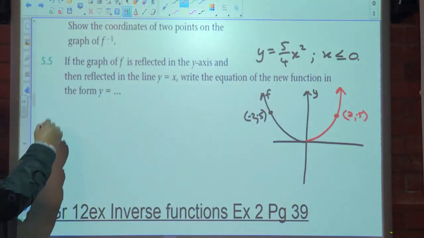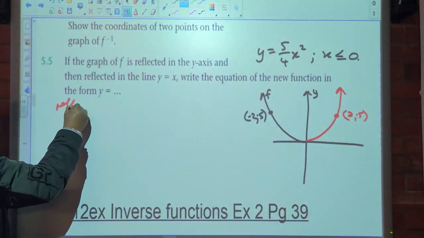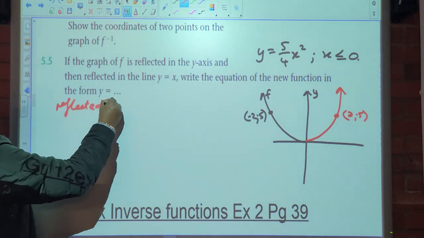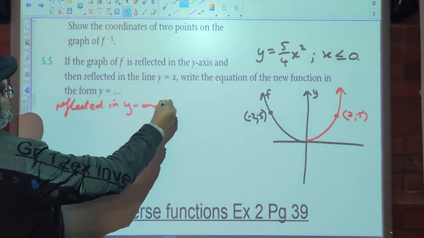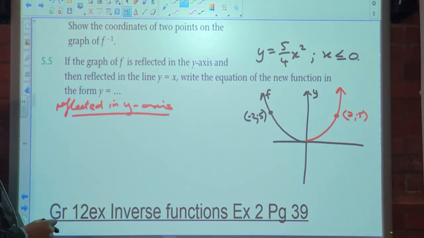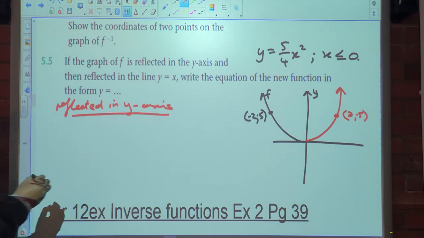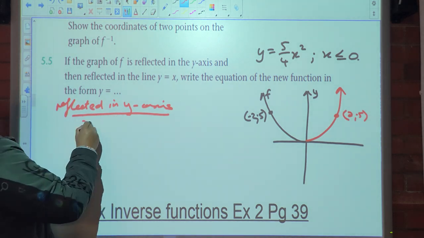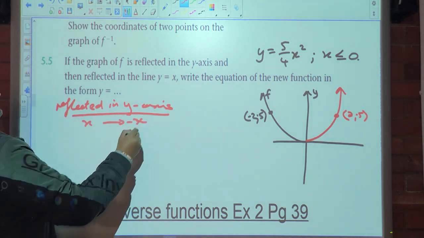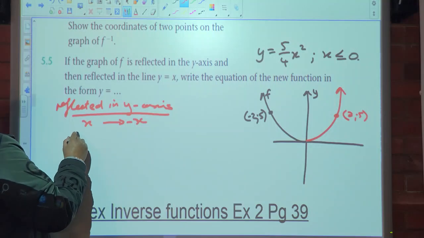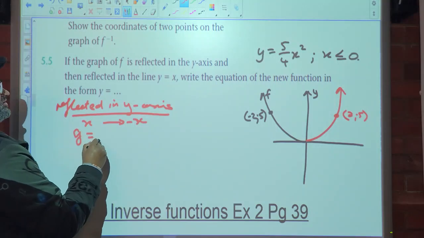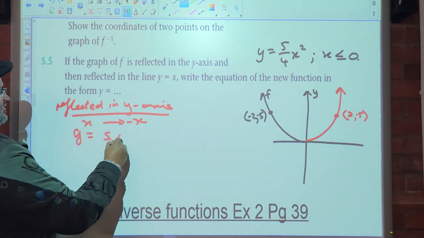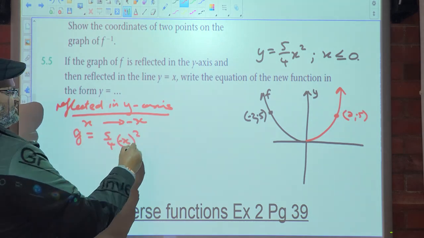Alright? So if the graph is reflected in the y-axis, what's the rule? Something reflected in the y-axis, x becomes negative. If it's reflected in the x-axis, y becomes negative. Reflected in the y-axis, x becomes negative. So it's y is equal to 5 over 4 negative x all squared.